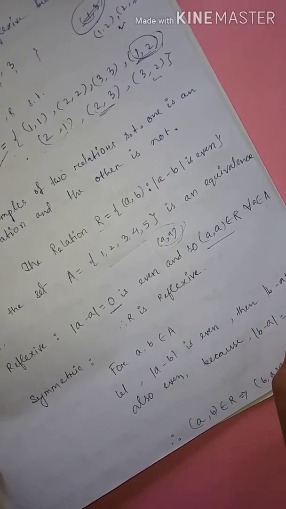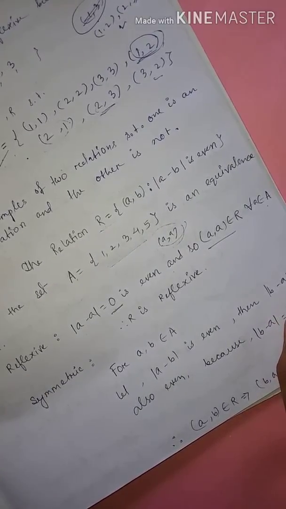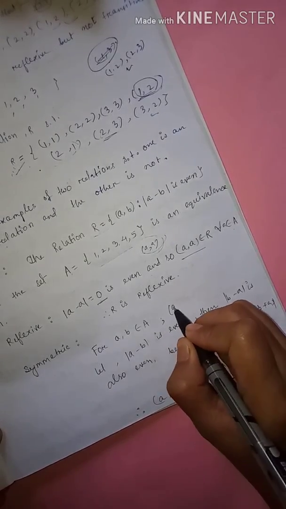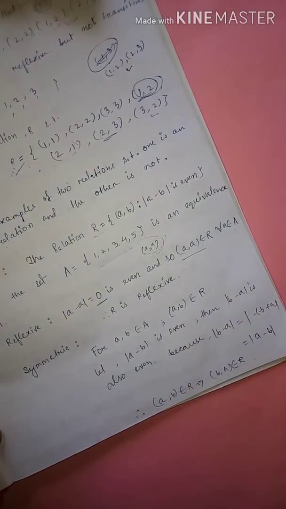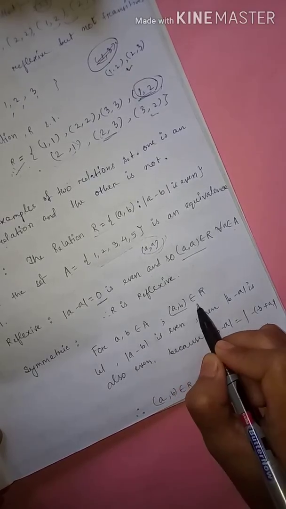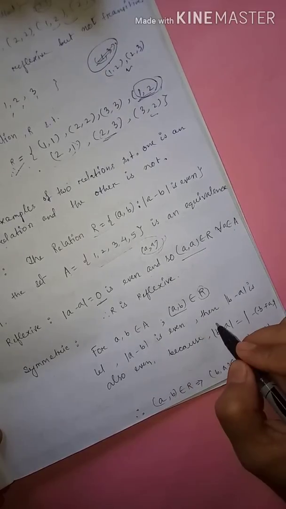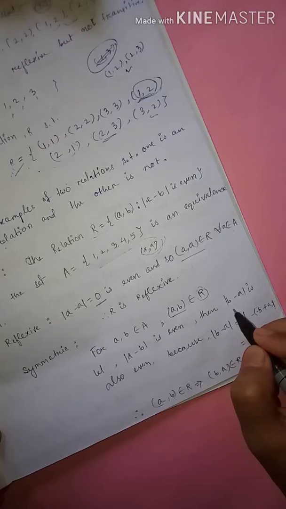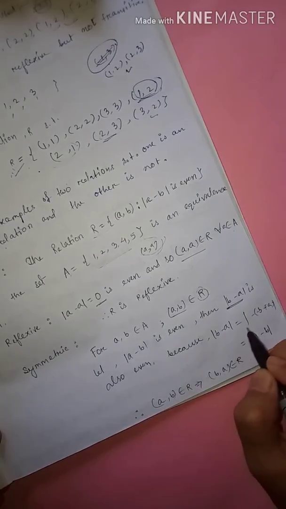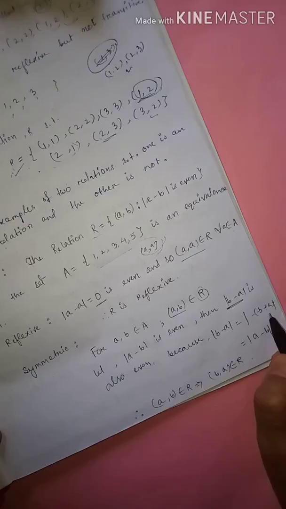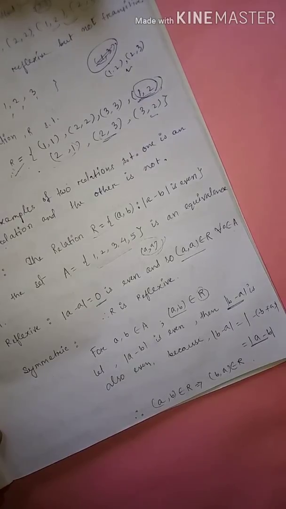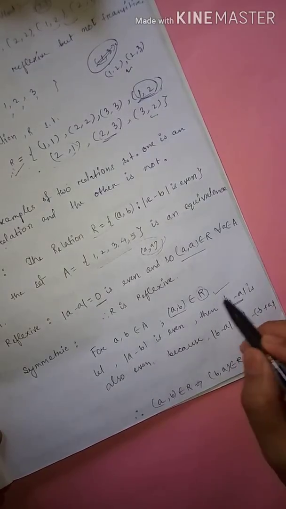Now for symmetry, let us take two elements a and b belonging to the set A. Let the ordered pair (a, b) belong to R. Then modulus of a minus b is even, because we have taken this as belonging to the relation R. Then obviously modulus of b minus a is even, because modulus of b minus a is nothing but modulus of minus b plus a, which is again modulus of a minus b, and we know this is even as we have already taken.